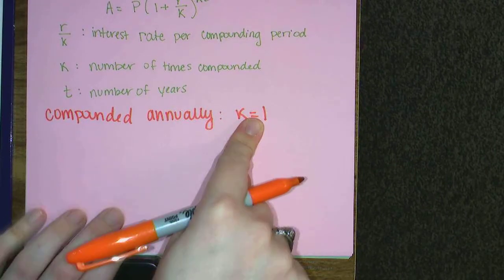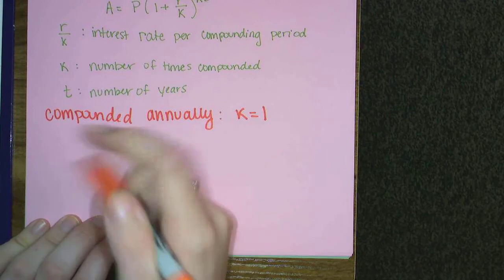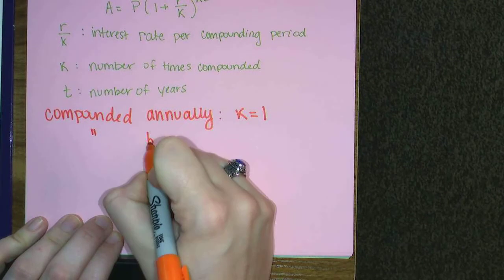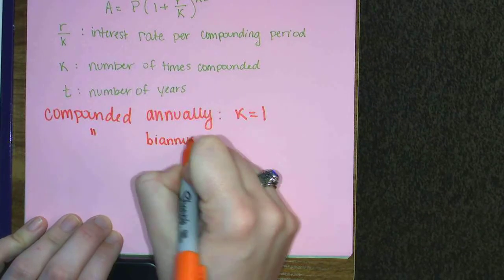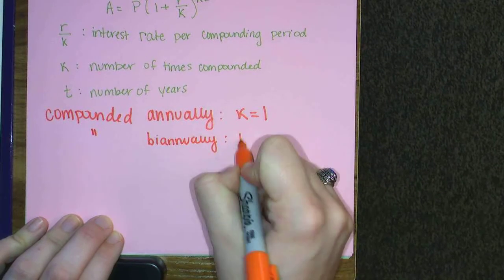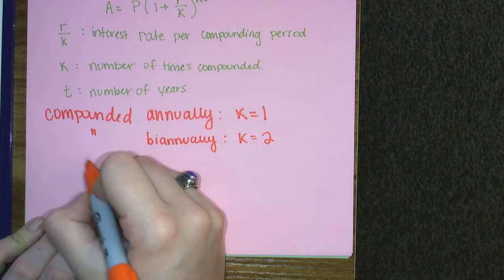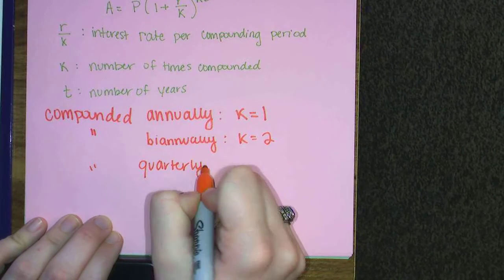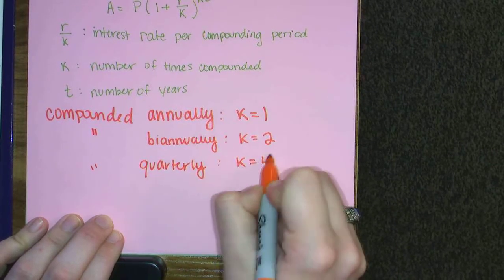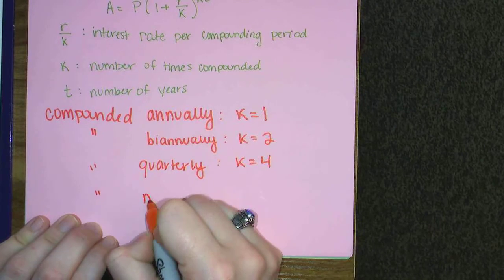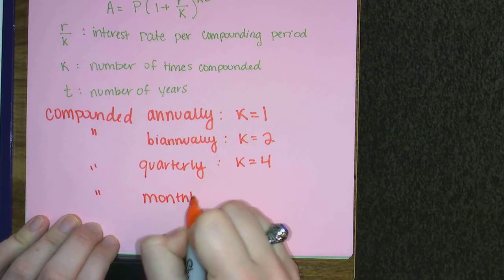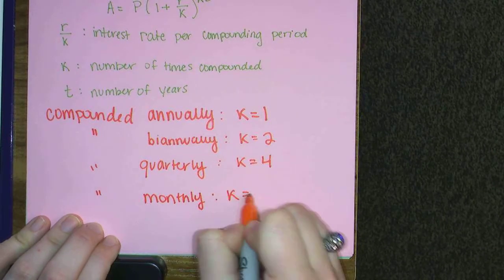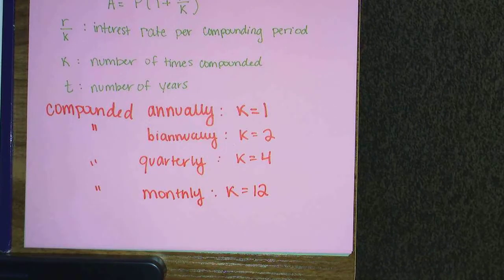Compounded annually is obviously just 1. Compounded biannually, K is 2. Compounded quarterly, K is equal to 4. And compounded monthly, K is equal to 12. Those are the big ones that you'll need to be able to do the problems.